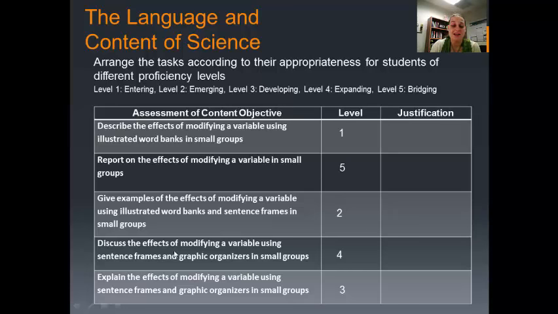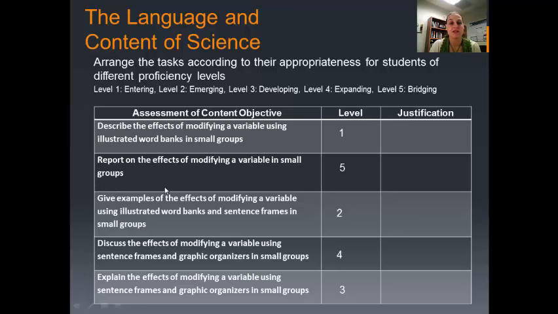Number 4 would be discuss the effects of a modifying variable using sentence frames and graphic organizers. So here, discussing the effects, usually spontaneous oral language in a formal environment where students are expected to be using academic language, represents a higher level, something we would expect a student at level 4 or 5 to be able to do. And number 5, report on the effects of a modifying variable in small groups.